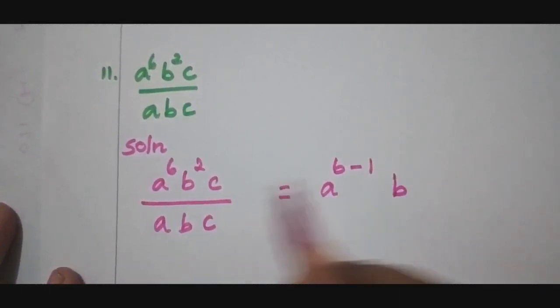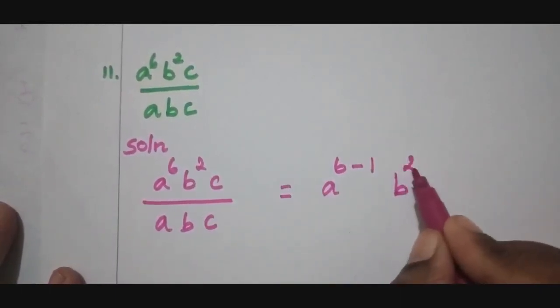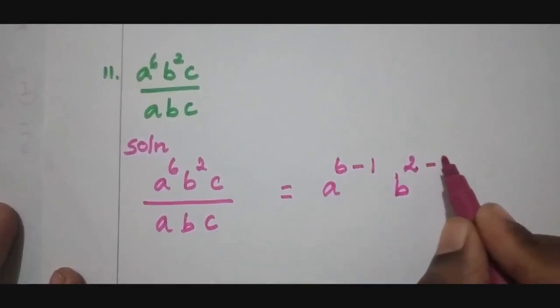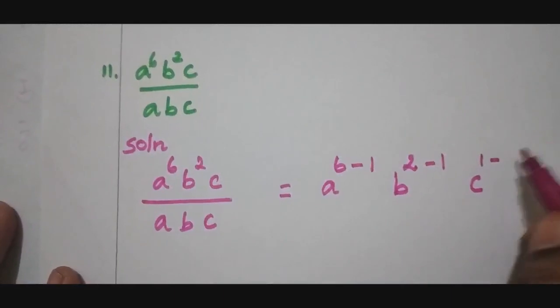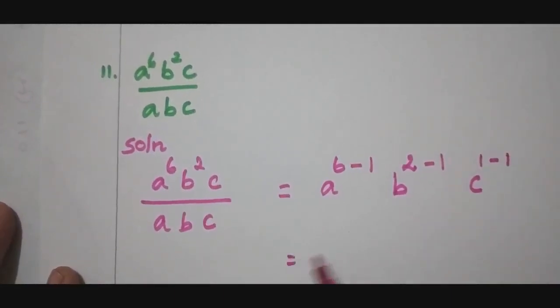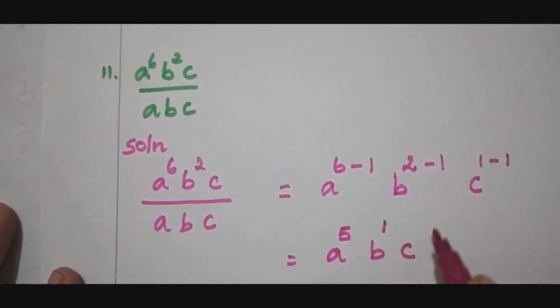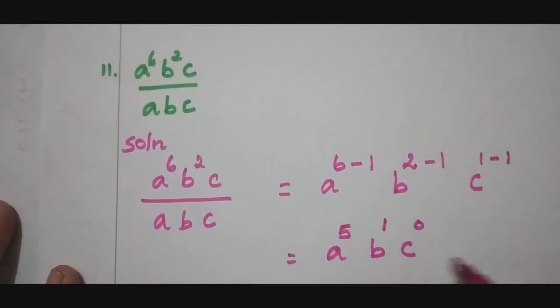Then b power, numerator it is 2, the denominator it is 1. And c power, both the numerator and denominators are 1. This is equal to a power 6 minus 1 is 5, b power 2 minus 1 is 1, c power 1 minus 1 is 0.